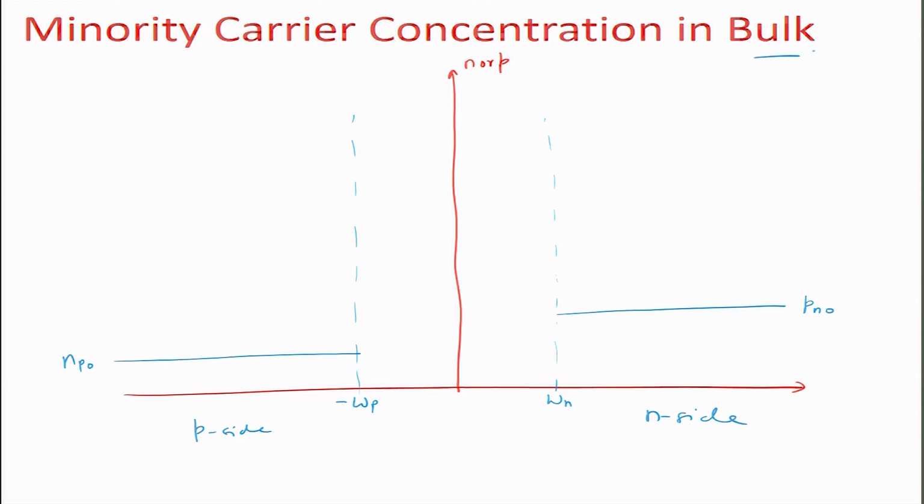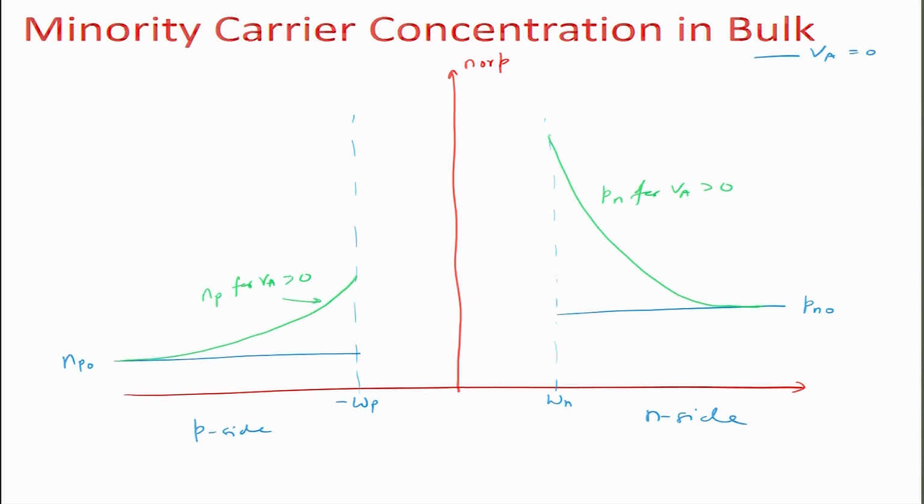So this blue color means Va is equal to 0. When bias is positive, then they have exponential dependence. So this varies like this, and similarly it varies like this. Exponential behavior is there, you can see from the equations. So this is for Np for Va greater than 0, and this is for Pn for Va greater than 0.